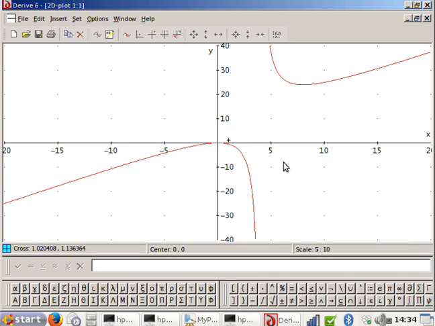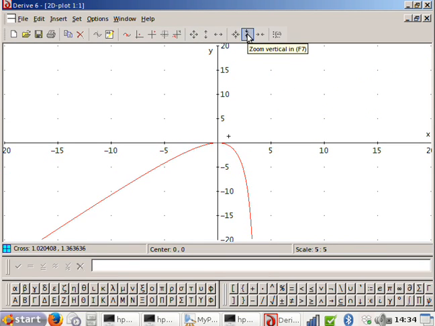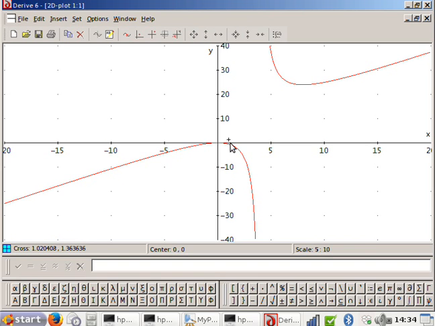Now, what did we say the two turning points were? (0, 0) was one of them, wasn't it? I know it doesn't look right here, but it looks pretty flat there, doesn't it? That's (0, 0). And the other turning point is going to be somewhere like here. Look, it's pretty flat there. And yeah, (8, 24) looks about right.